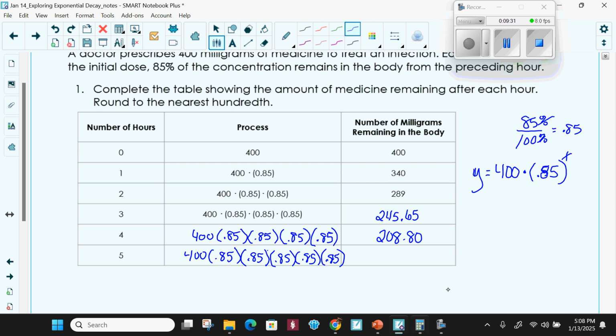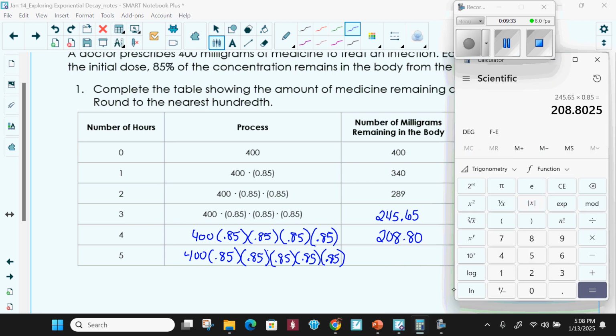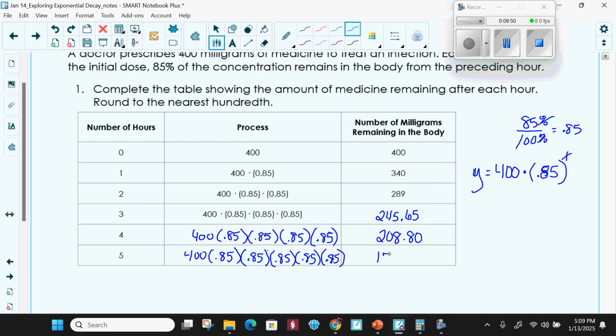And so again, going to our calculator, we're going to take the 208.80. Since we rounded it off, we're going to go back and put in that number, multiply it by 0.85, and so we get 177.48. So you can see the numbers going down, and 85% of it is less.